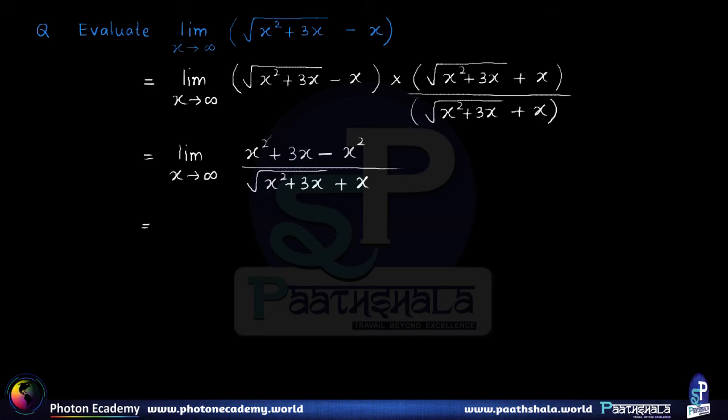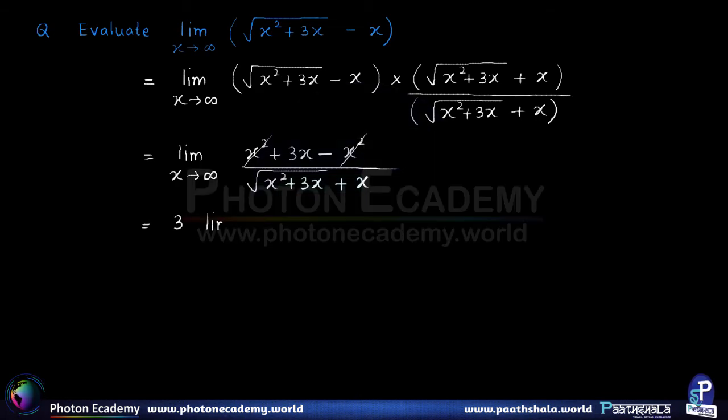So in the numerator, x square will get cancelled and we are left with 3x. So we can bring that 3 outside the limit. That will be 3 times the limit of x divided by root of x square plus 3x plus x as x tends to infinity.